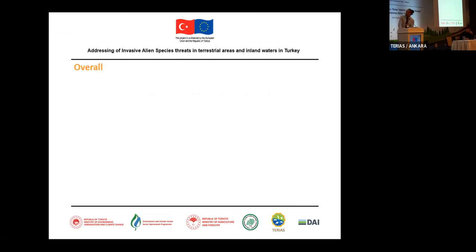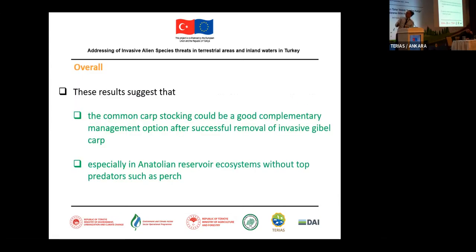And finally, I want to say overall that in terms of management and policy regulations, common carp stocking could be a good complementary management option after successful removal of invasive gibel carp, because in our project and in the general perception we need to somehow remove gibel carp or control it by applying high fishing pressure.